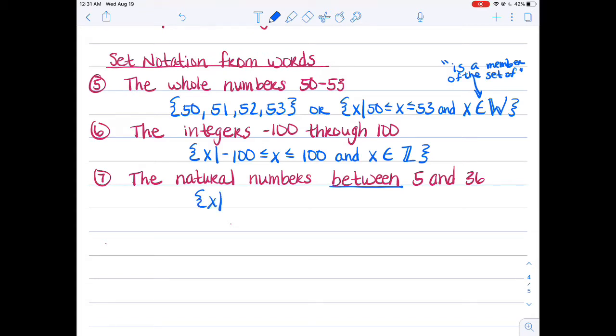So all real numbers x such that 5 is less than x is less than 36. So again, it doesn't include 5, doesn't include 36, and it also doesn't include everything between 5 and 36. It only includes the natural numbers. So we have to add, and x is a member of the set of natural numbers, which is the funny looking N, and close our braces.